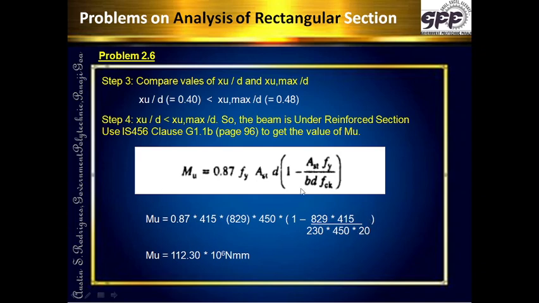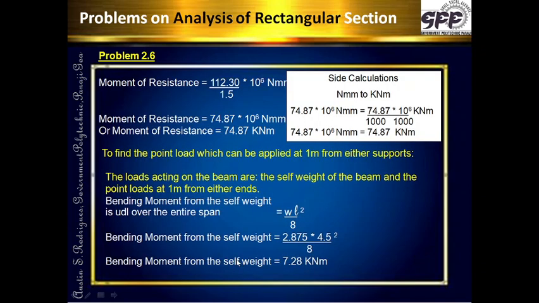So solving this we get the ultimate moment of resistance as 112.30 into 10 raised to 6 Newton mm.